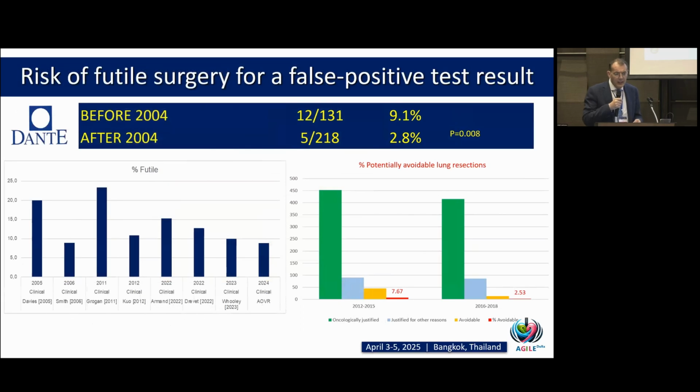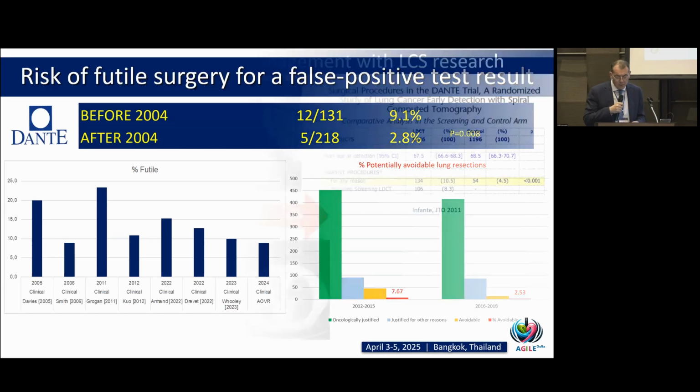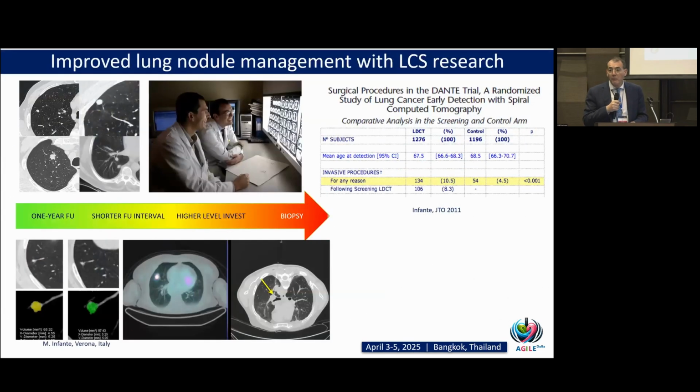These data can and have been used to reduce the number of futile resections also in current practice. And you can see in our own practice, this is unpublished, but the number of futile resections is down to 2.5 after the implementation of screening-derived nodule management protocols. In the beginning, we were just resecting anything, but then we learned we shouldn't.